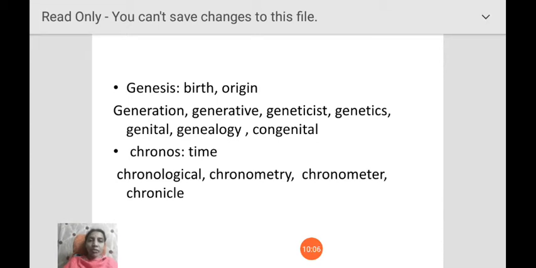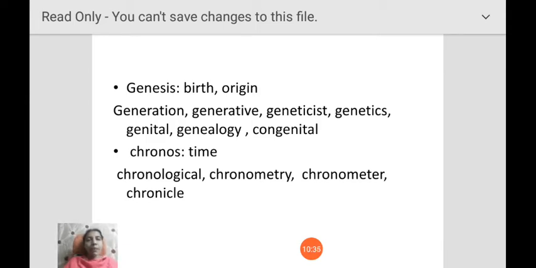So one full lifetime, then another lifetime, then another. One birth after another, that's why generations. And generative is something that generates. So we say generate ideas, that means giving birth to ideas.